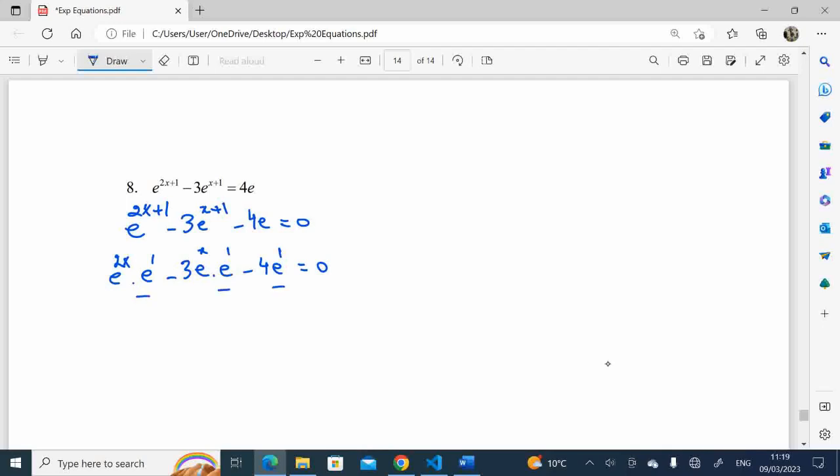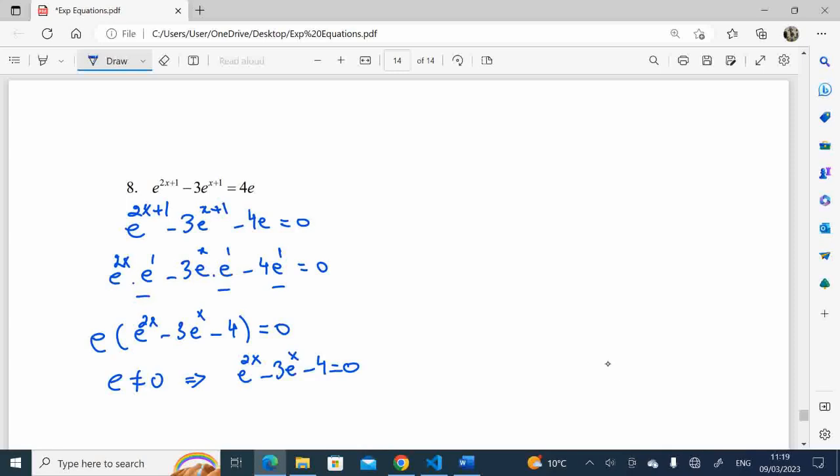If I take this common factor, we get e^(2x) minus 3e^x minus 4 is equal to 0. So of course e can't be 0. This means e^(2x) minus 3e^x minus 4 is equal to 0.